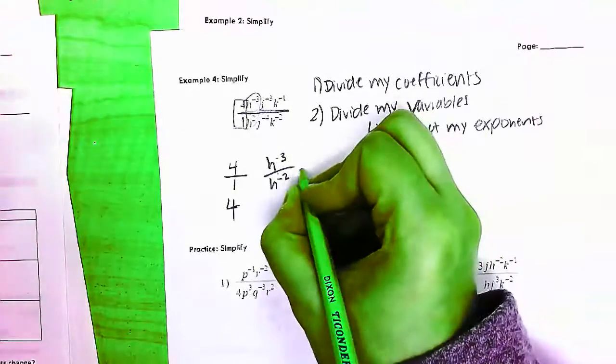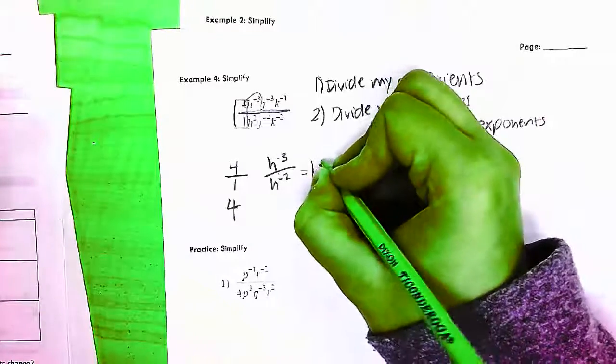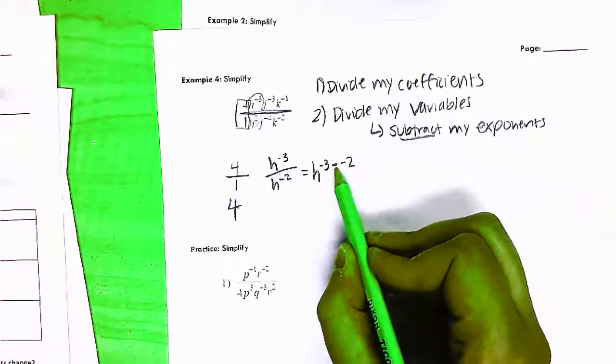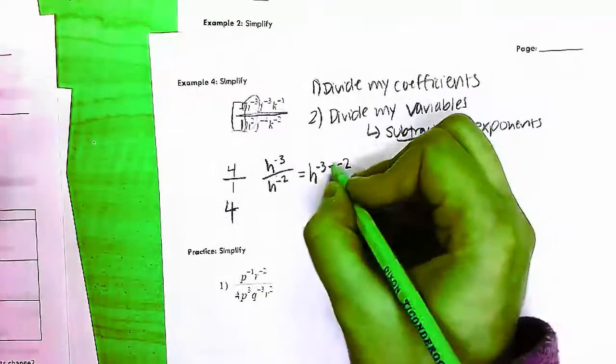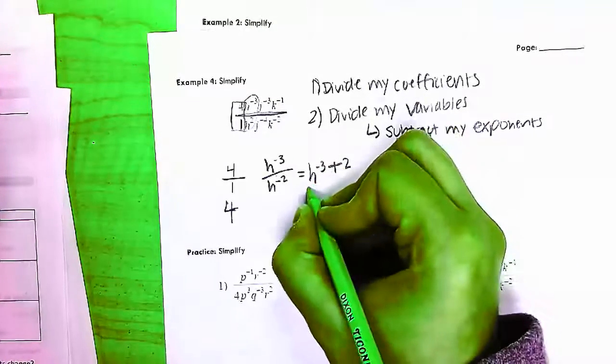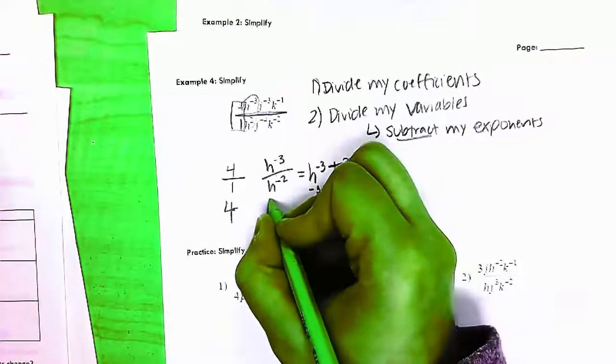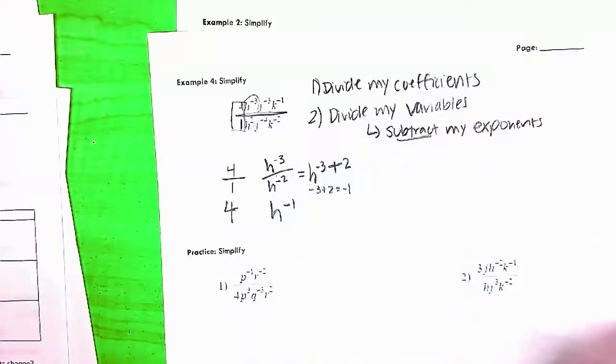So when I am dividing, I know I subtract my exponent. So I'm going to have h to the negative 3 minus negative 2. You and I both know that when I have minus and negative, that becomes a plus. So I'm going to do negative 3 plus 2. That equals negative 1. So far I have 4, h to the negative 1.